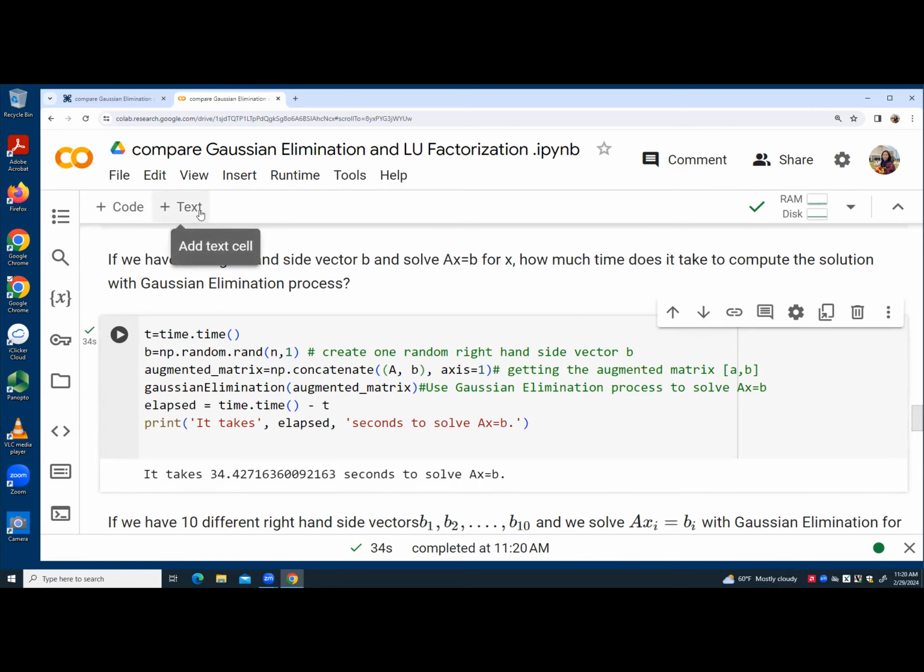So if you have more inputs, say 10 inputs, it's approximately 340 seconds to solve for 10 inputs. That's approximately 6 minutes, so it doesn't make sense for just a 500 by 500 matrix.